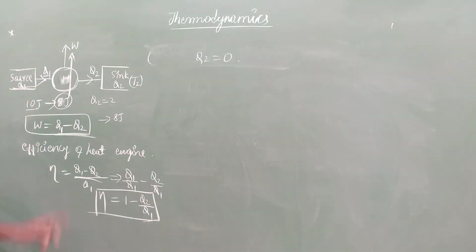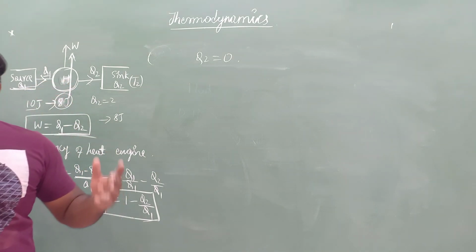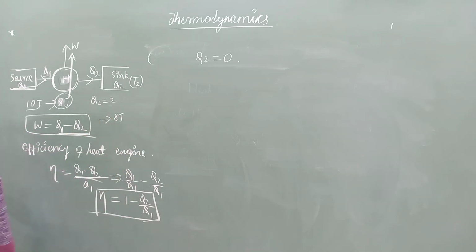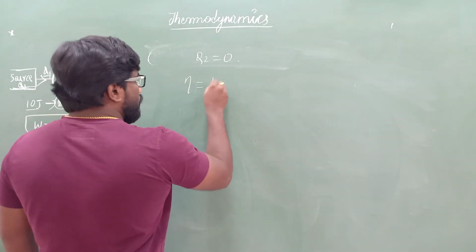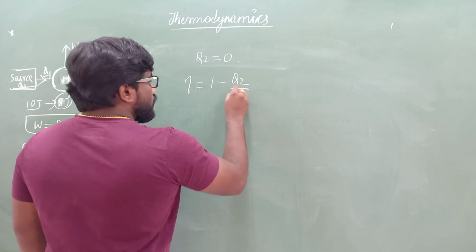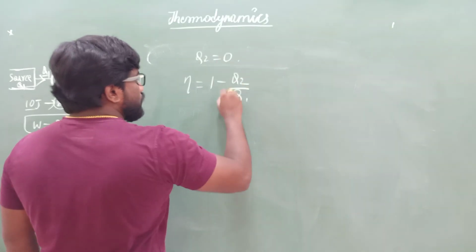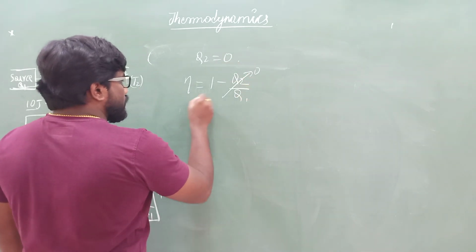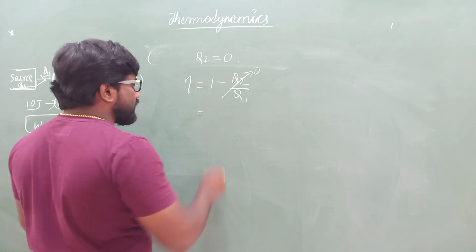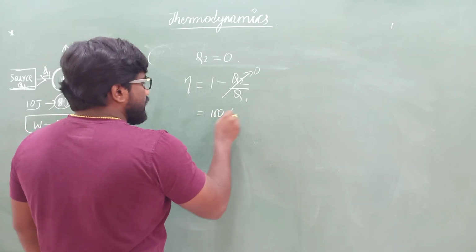What does it mean? It means that whatever amount of heat you supply to the system is completely converted into work. Eta is 1 minus Q2 by Q1. If Q2 is 0, this whole term is 0, so eta is 1, which is 100% efficiency.